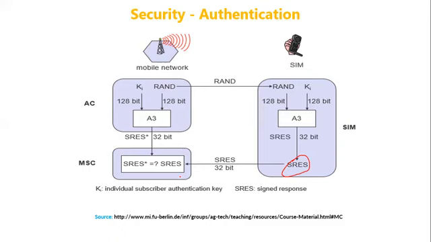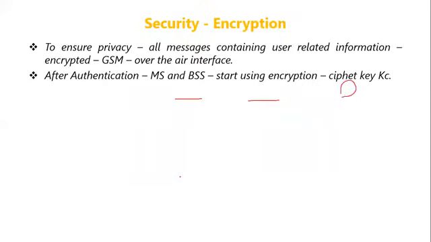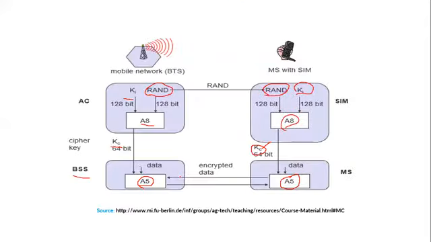Basically, there are three algorithms to provide all these services: A3, A5, and A8. A3 is for authentication, A5 for encryption, and A8 for the cipher key. We discussed how authentication is done using the challenge response method with a random number, and how encryption is achieved using a cipher key, which is generated at the network end and at the mobile station end without exchanging any keys.